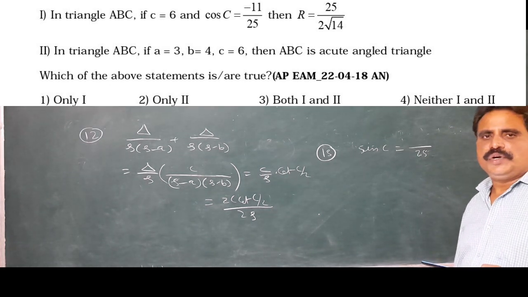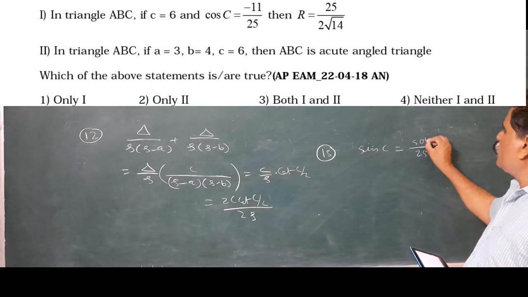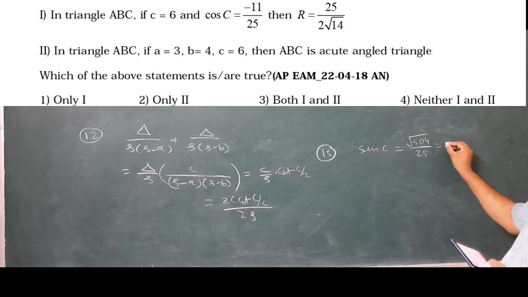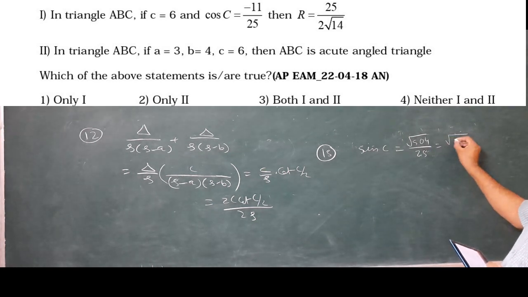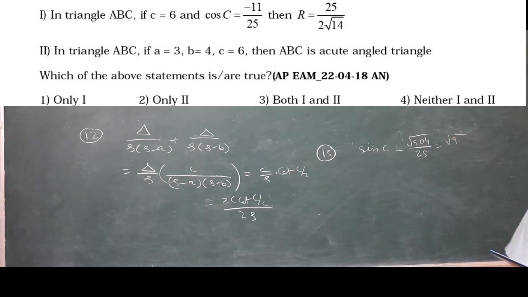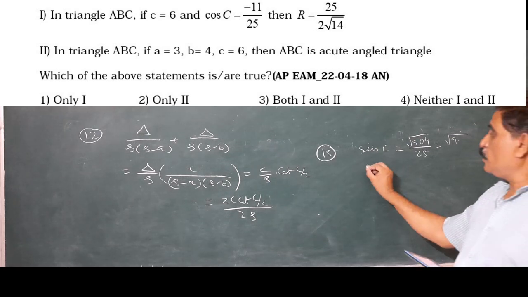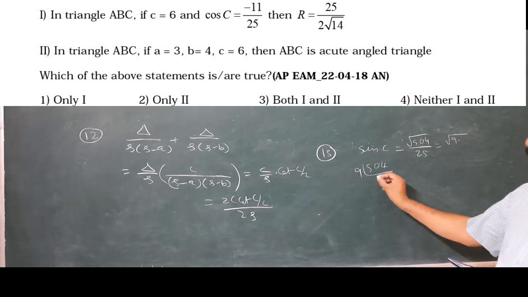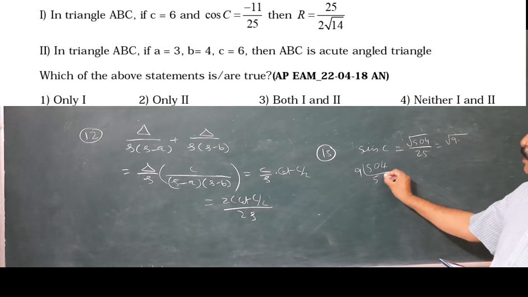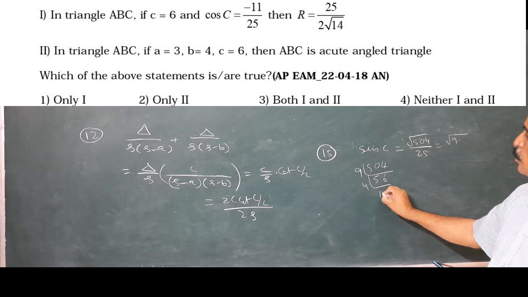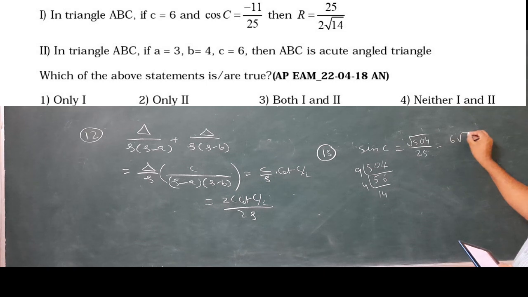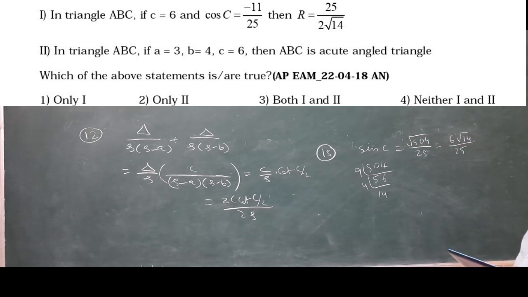Opposite is root of 625 minus 121, that is nothing but root 504. 504 can be written as 9 into 56, again 4 into 14. So 9 into 4, that means 36. 6 root 14 by 25, that is sin C.